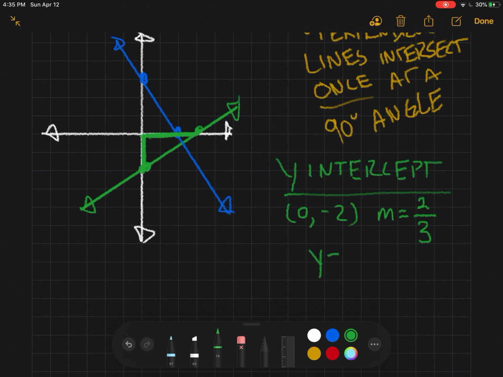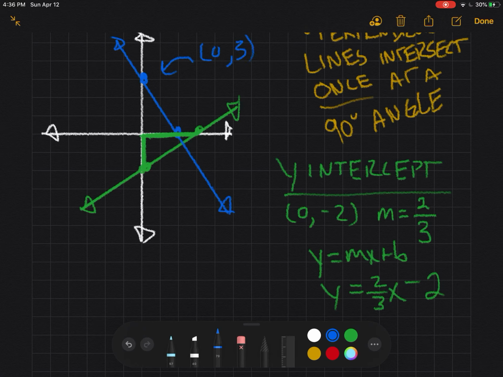So my slope is equal to a +2 change in y over a +3 change in x. So I can use my formula, y = mx + b, to say the equation of this line is y = 2/3 x - 2. So that's the equation of our green line.